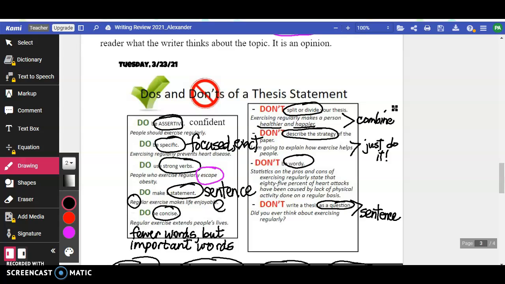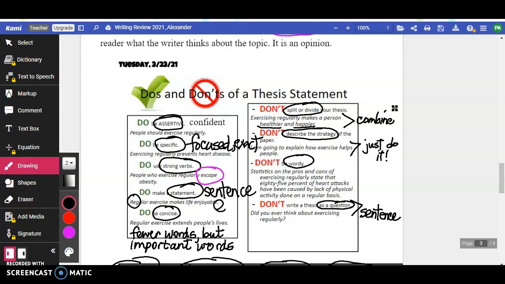A thesis statement should not be split or divided. In the example sentence, we know that the writer intends to talk about how exercise makes a person healthier and how exercise makes a person happier. These are two different ideas. I can imagine them being two separate paragraphs, one describing the physical benefits of exercise, the other describing the mental health benefits of exercise.